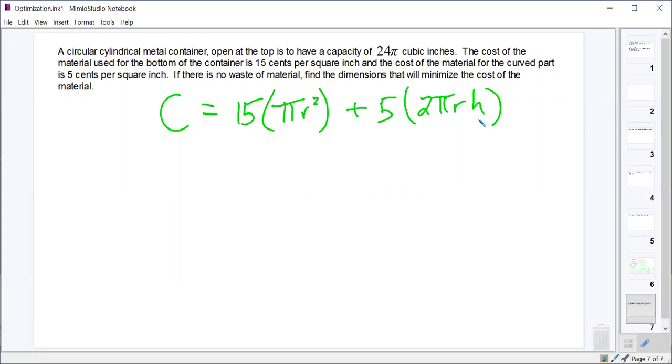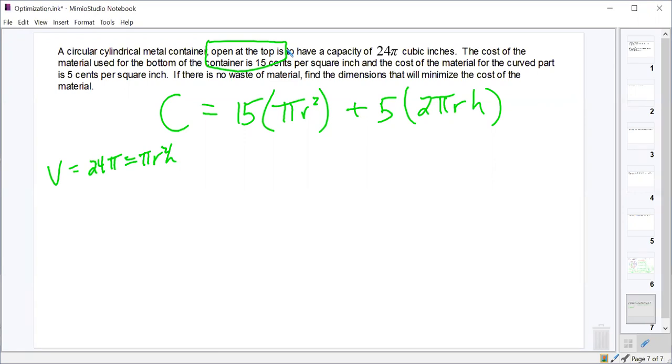And just like all the other ones, the issue is that we have an r and an h. But luckily we know that the volume, which should be 24 pi, is equal to pi r squared h. So we should be able to solve that for h and replace the h. And that's it, open at the top, Delphine. No top.